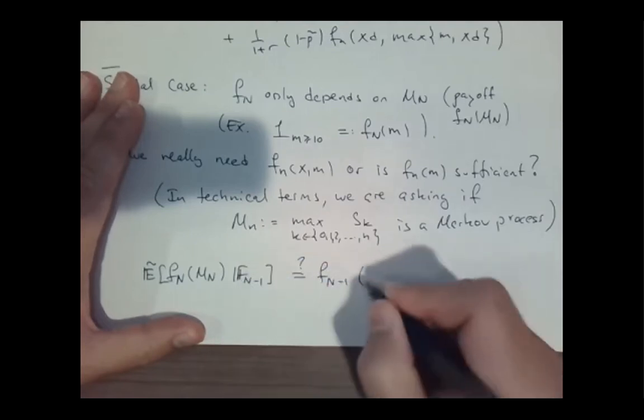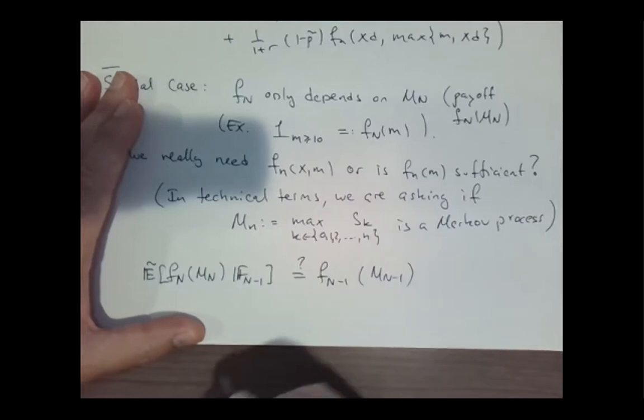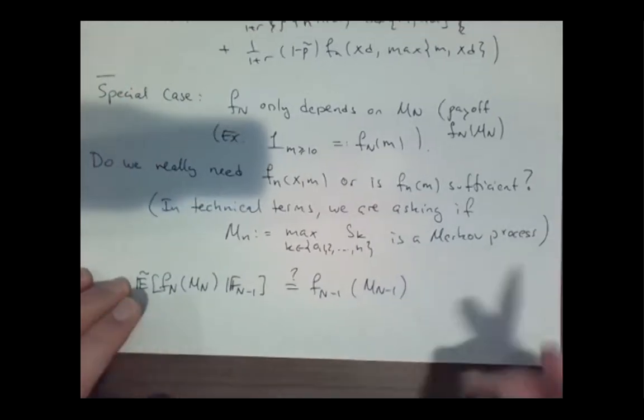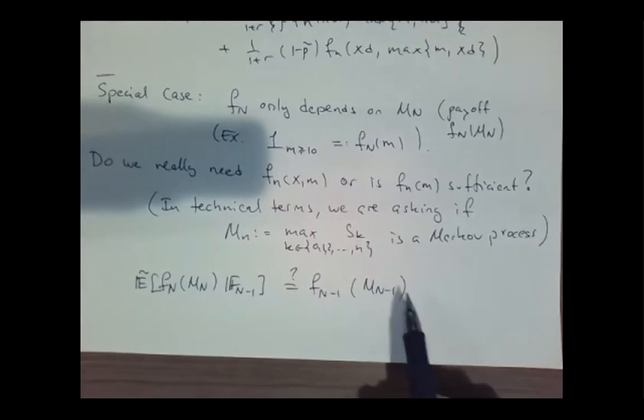Is this a function just of M_{n-1}? We know that if I include also S_{n-1}, we're okay, but can I express the left-hand side just as a function of the running max?